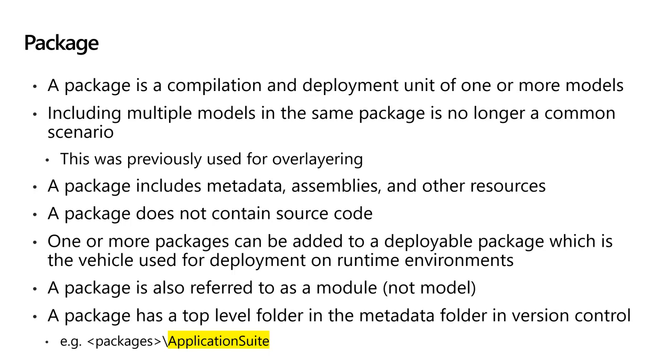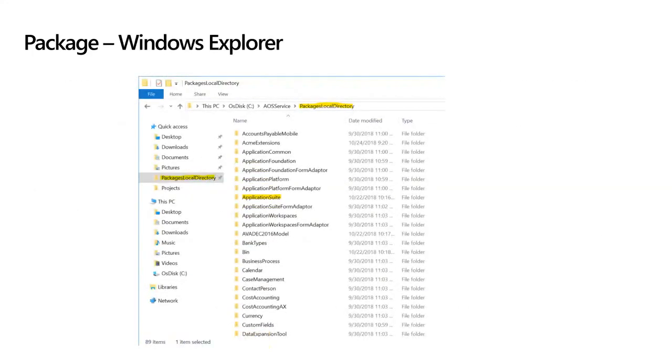A package can also be referred to as a module, not a model, but a module. And a package has a top level folder in the metadata folder in version control, and it also has a top level folder in the packages local directory on the development machine.